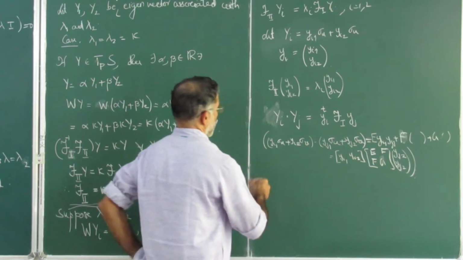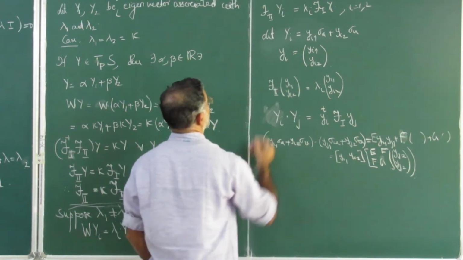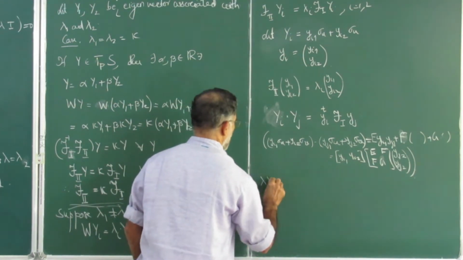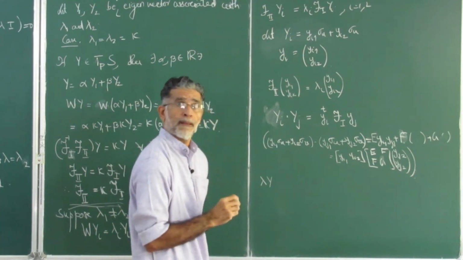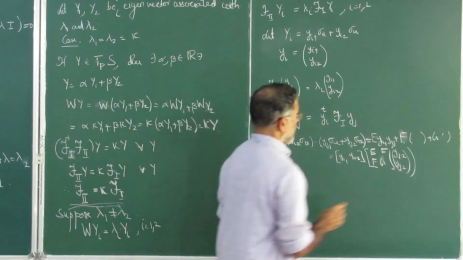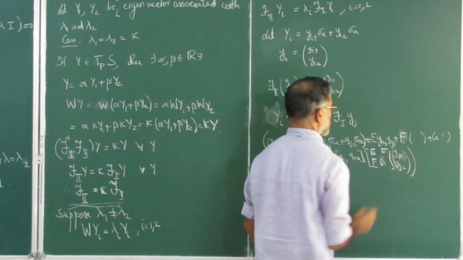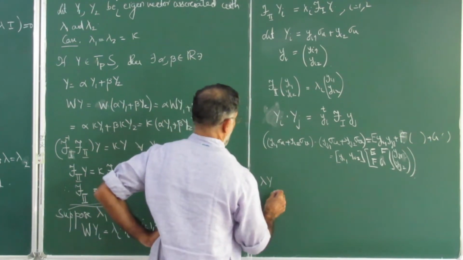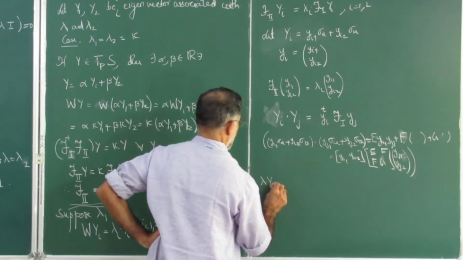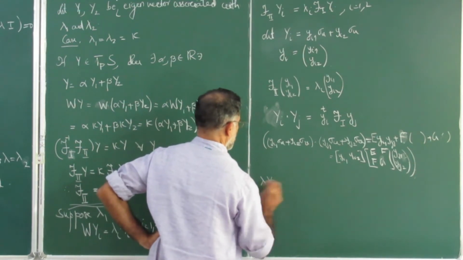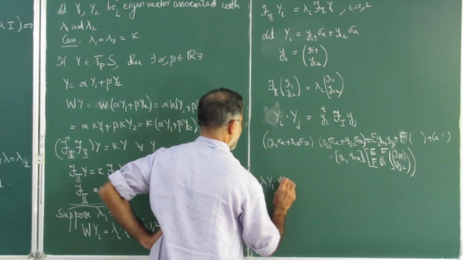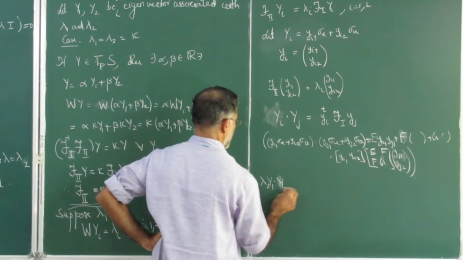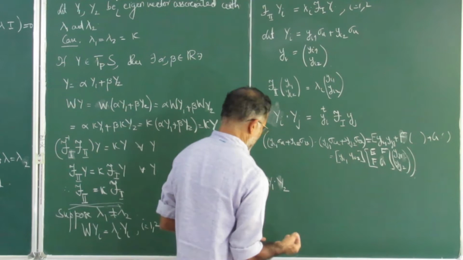Okay. So now let's look at this lambda times y1 dot y2. This we have seen. This is enough for us. Lambda 2 times, I have taken, either way it works.